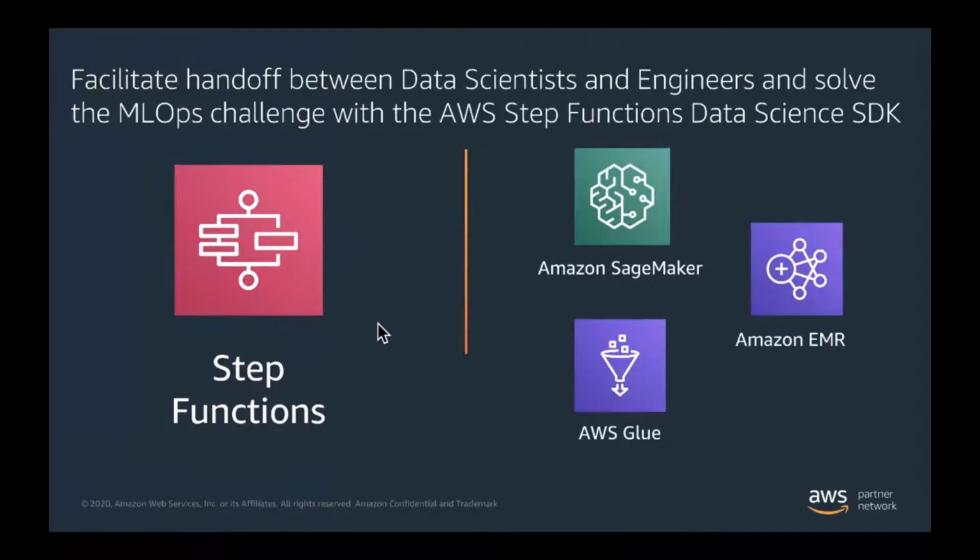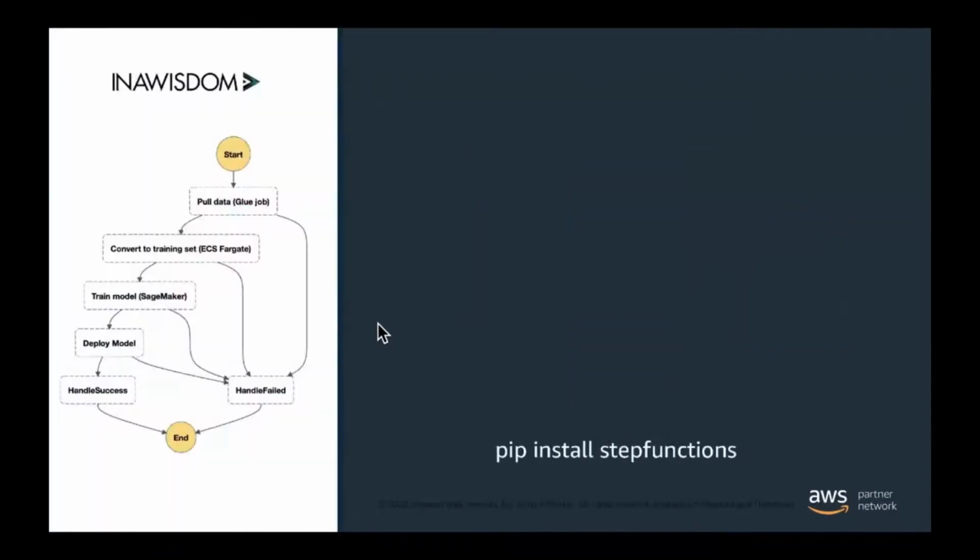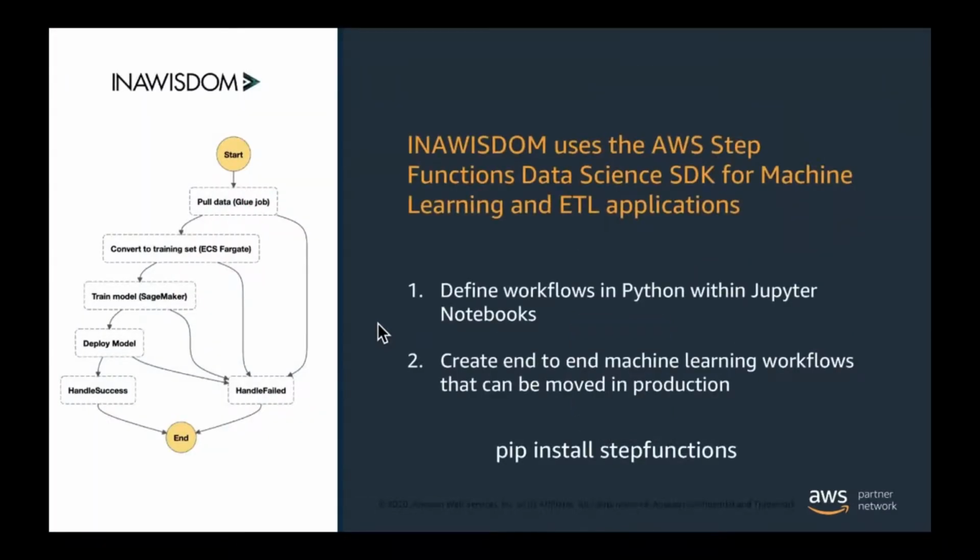Another example is using Step Functions for data science and machine learning workflows. We have customers such as inWisdom, an AWS partner, and they're using Step Functions for end-to-end data science workflows for their customers. They'll define a workflow in Python within a Jupyter notebook.